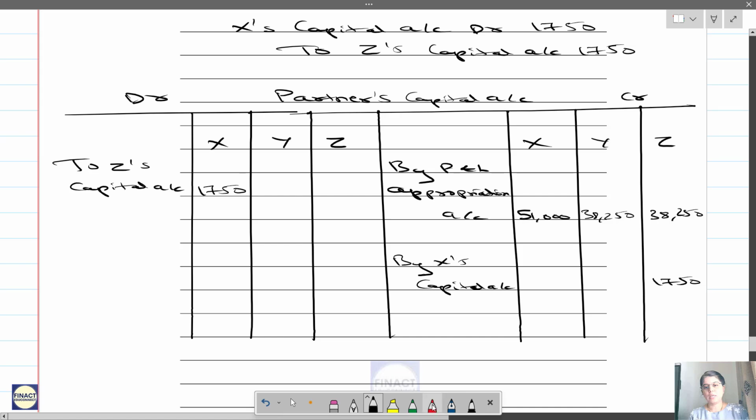So now if you see the net effect of this, it is 51,000 minus 1750, you will get 49,250. Y is same, there is no change in Y. Z 38,250 plus 1750, so that gives you 40,000. So net effect is same in both the methods.